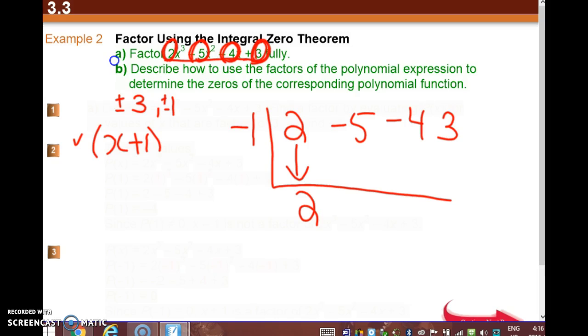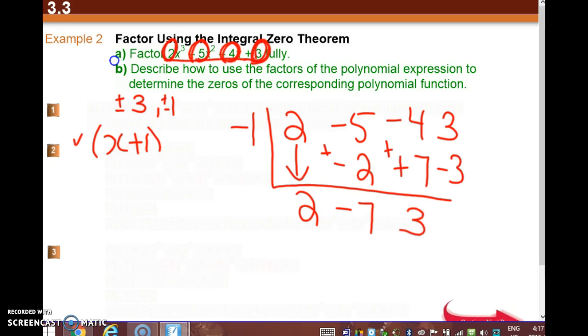We're going to multiply this and then add going down. So we multiply across, minus 1 times 2 is minus 2. Then we're going to add down. So we end up with minus 7. And we go minus 1 times minus 7 is a positive 8. Oh, sorry, positive 7. And then we add going down, so we end up with 3. And then minus 1 times 3 is a minus 3.